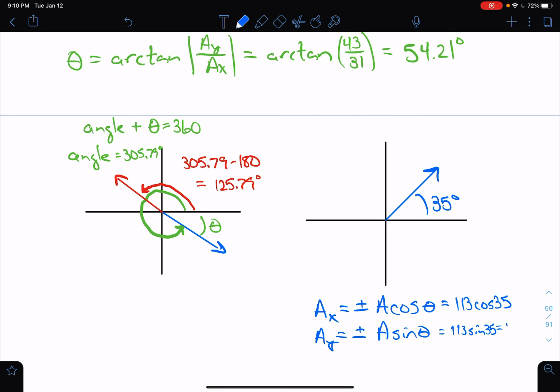And this works out to be approximately 64.81 for the y component. And for the x component, 92.56 approximately. So that's how I get the components.